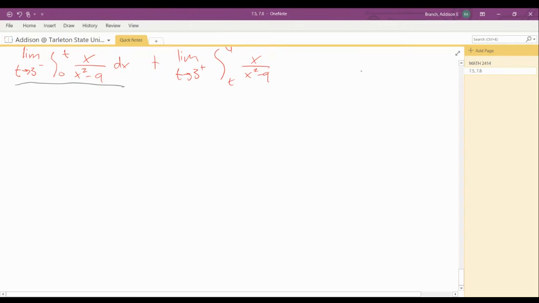Here, we can say that u is x squared minus 9, therefore du is 2x dx.